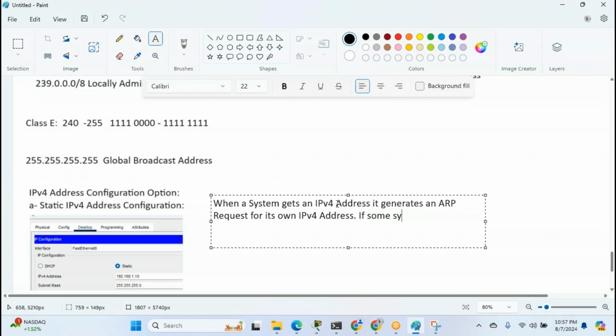If some system is using that IP address, it sends an ARP reply.